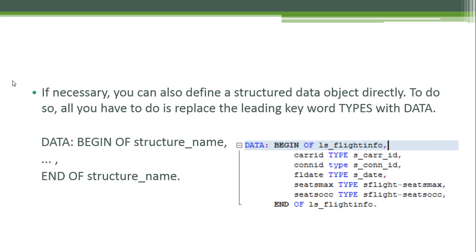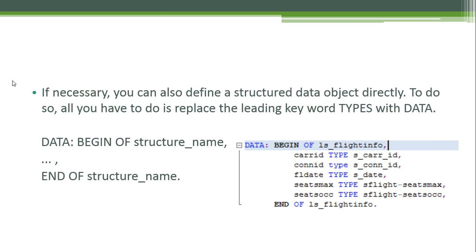If necessary, you can also define a structured data object directly. To do so, all you have to do is replace the leading keyword types with data. You write data, 2 points, begin of the structure name variable.